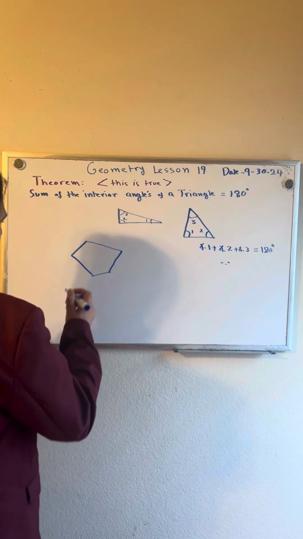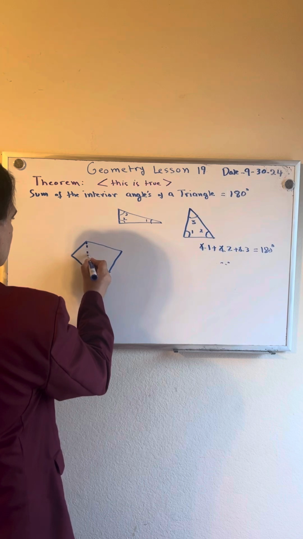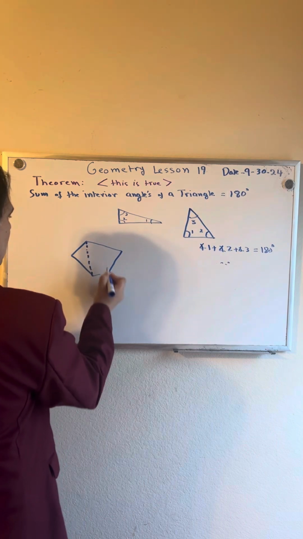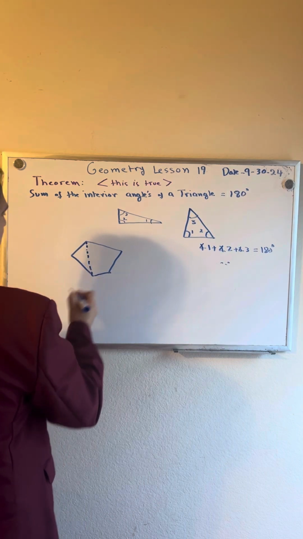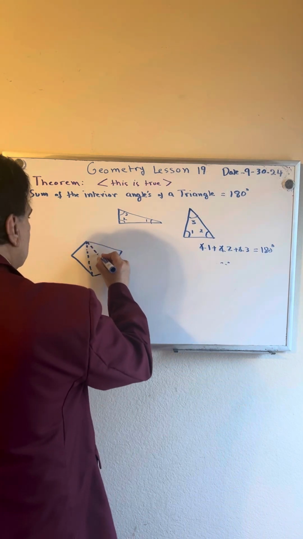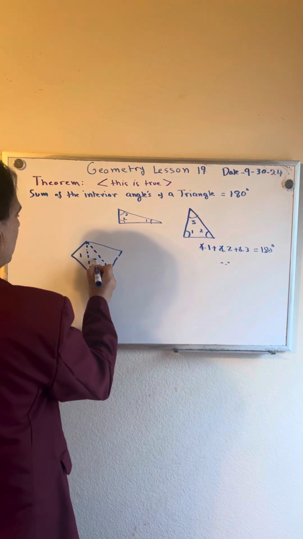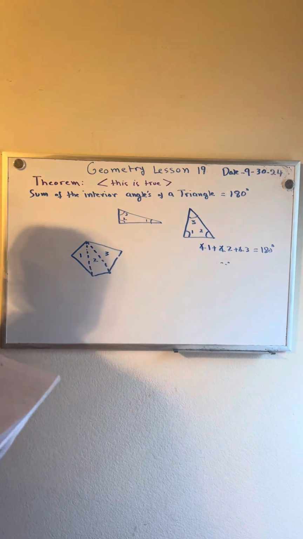What I can think of is dividing this into three triangles. That's one triangle. Do you see any other triangles? Then there is this triangle. So you have triangle number one, triangle number two, triangle number three.